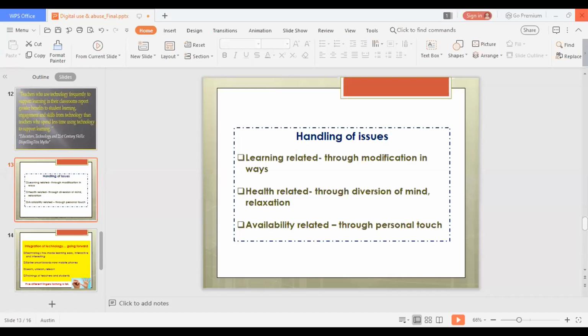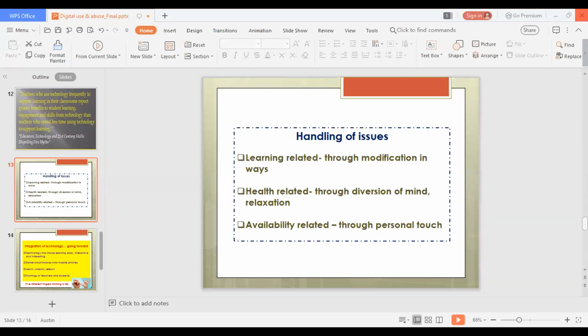There were health-related issues. We tried to resolve them through diversion of mind and teaching them some relaxation techniques. There were some issues related to availability, and there we gave them personal touch so that their problems were solved.